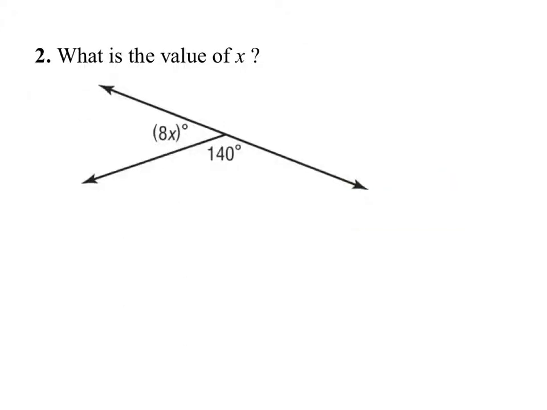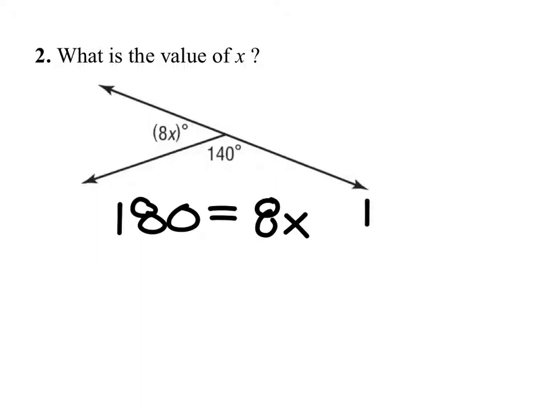All right, so if I wanted the equation for this, not that you guys had to do one, it just wants the value of x, right? But the equation would look something like this. So this is a straight angle, so these two are supplementary. I would have the 8x angle and the 140, and when I add them I should get 180 degrees. So what I would need to do is figure out the measure of just that angle, so I know how much 8x is.